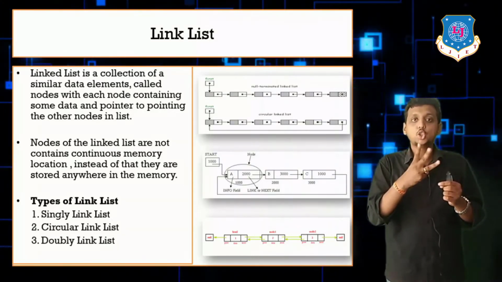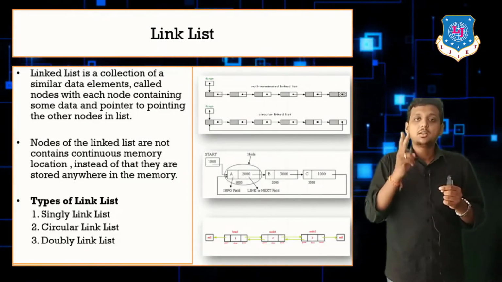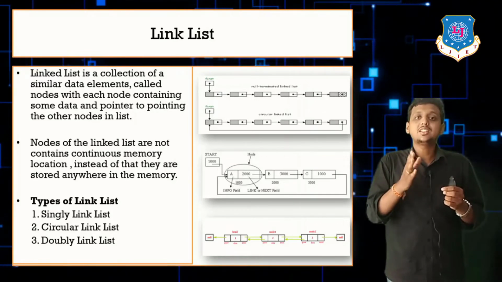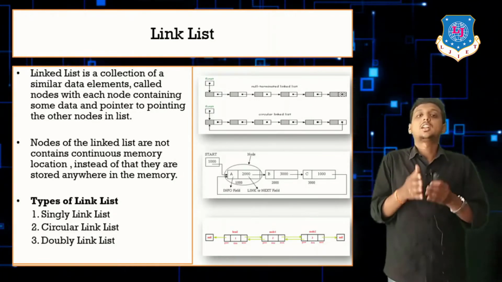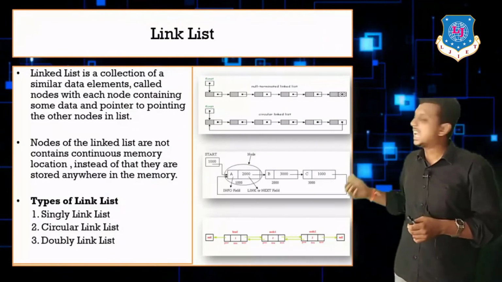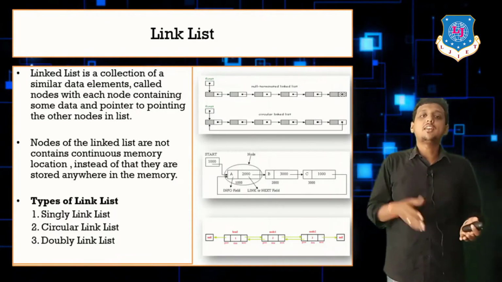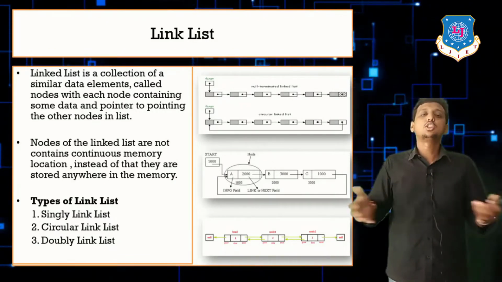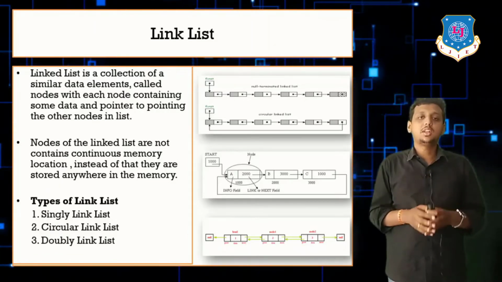The left pointer is pointing to its previous node, and the right pointer is pointing to its next node of the list. If your node does not have any left or right node, then both pointers are pointing to null. So these are the types of linked list.